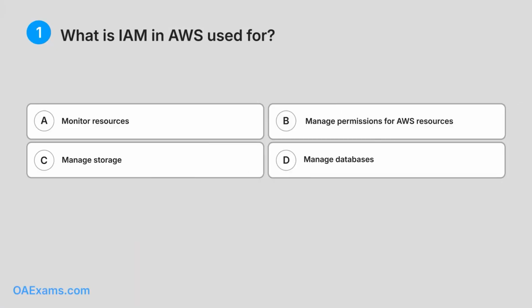1. What is IAM in AWS used for? A. Monitor resources. B. Manage permissions for AWS resources. C. Manage storage. D. Manage databases. What do you think is the answer?